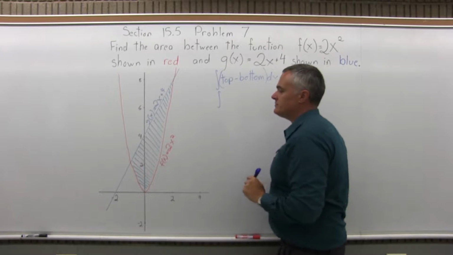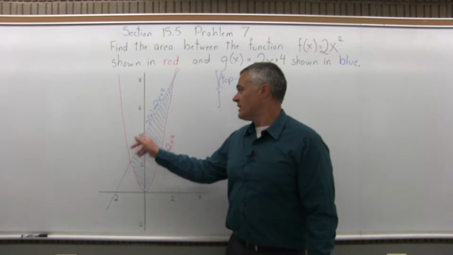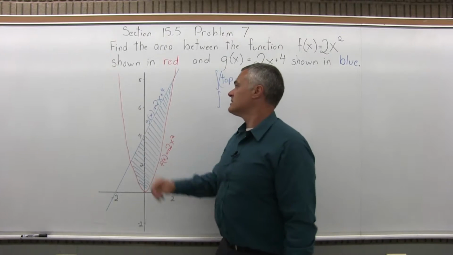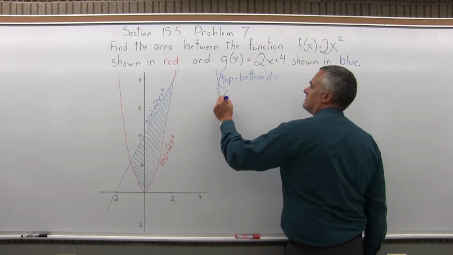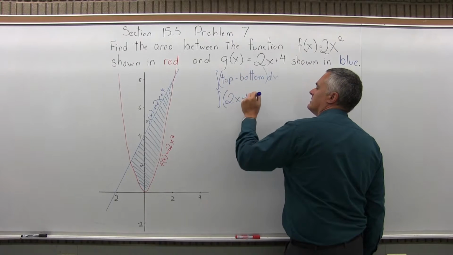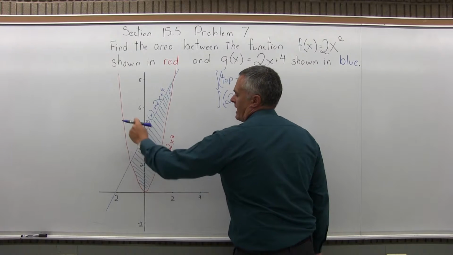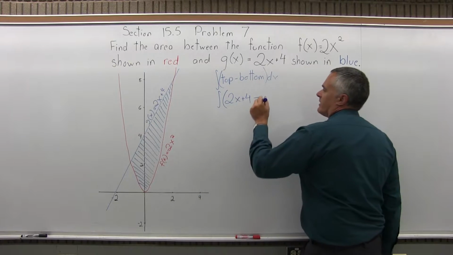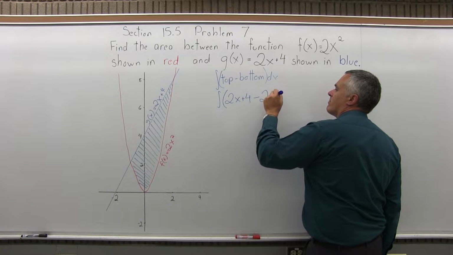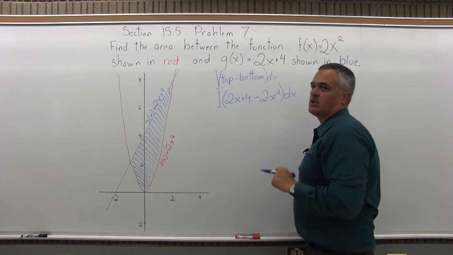For the trapped area we're looking for, the top graph is the straight line, the blue one, which is 2x plus 4, minus the bottom graph, which is the red curved graph, 2x squared. I'll close the parentheses and put a dx on the end.